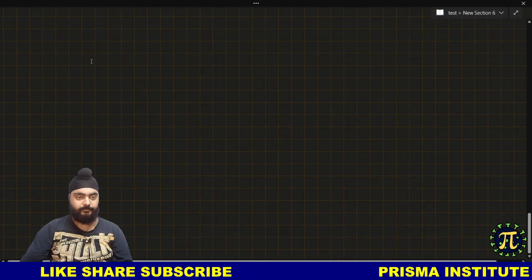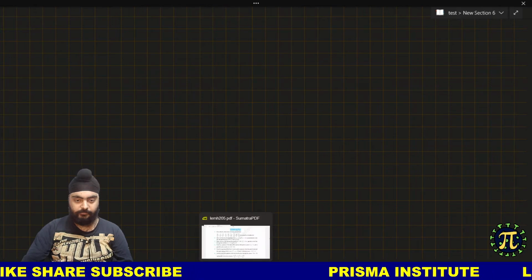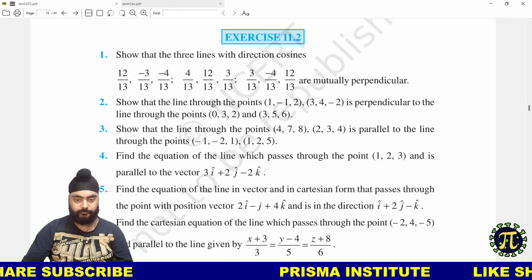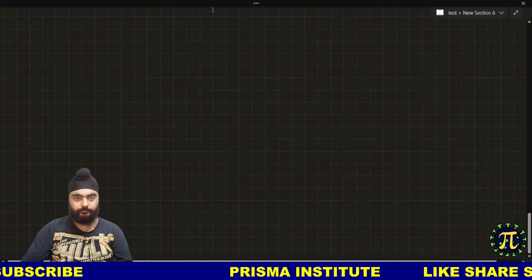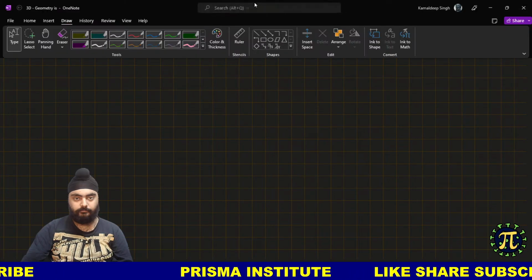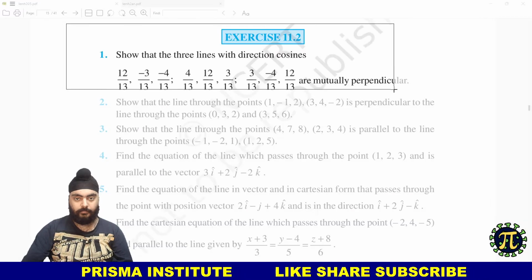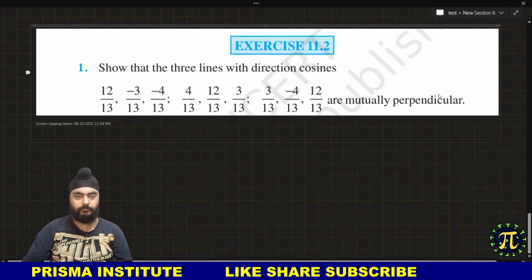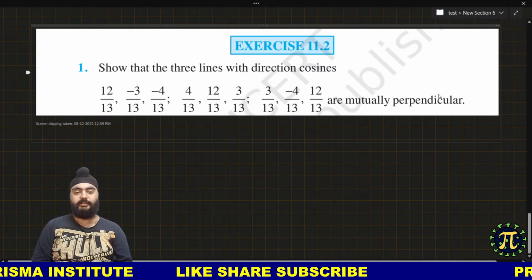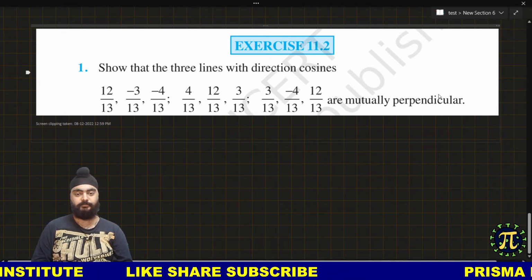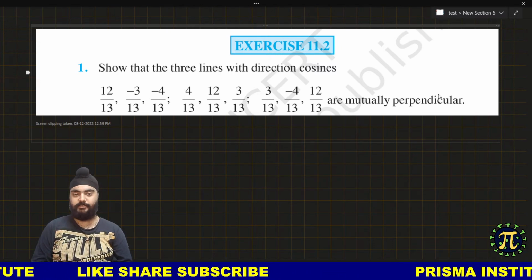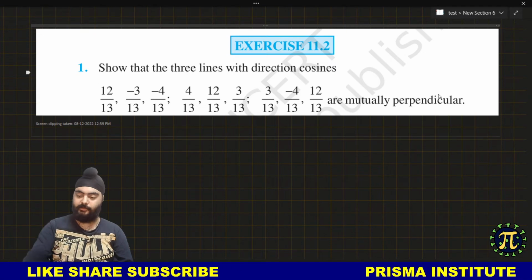Okay, so show that these three lines with direction cosines are mutually perpendicular.